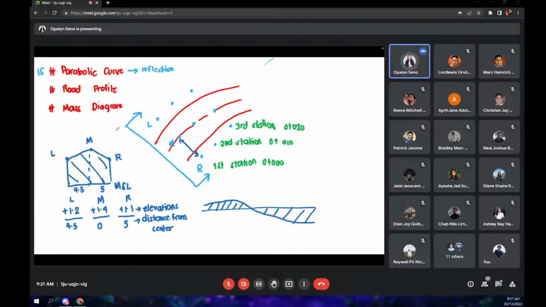We will propose a road width of 6 meters. So this is how it's going to be. This is the new width of the road, so this is 3 meters, and this is also 3 meters.